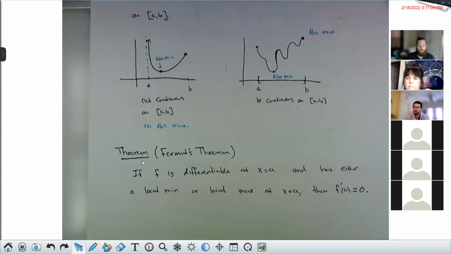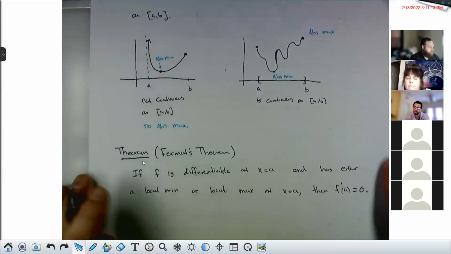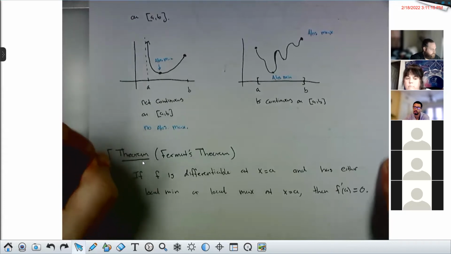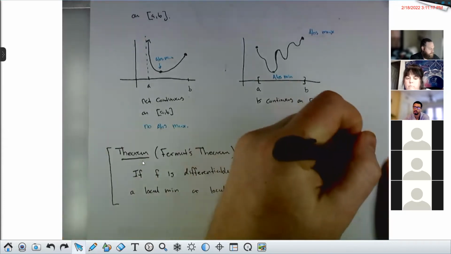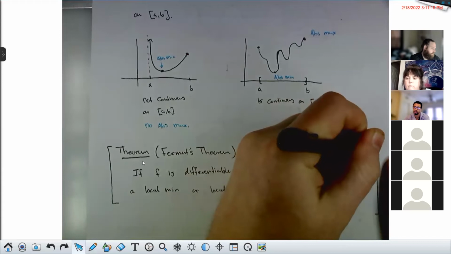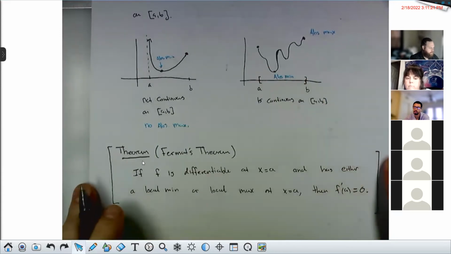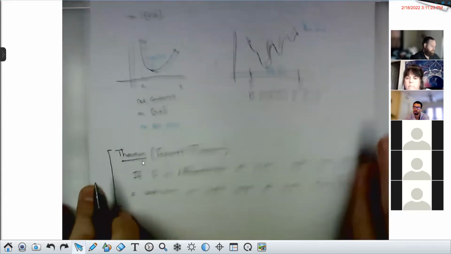So what all of this is getting at is a kind of procedure for hunting down absolute mins and absolute maxes. Because an absolute min or max is either going to be a local min or max, or it's going to be an endpoint.